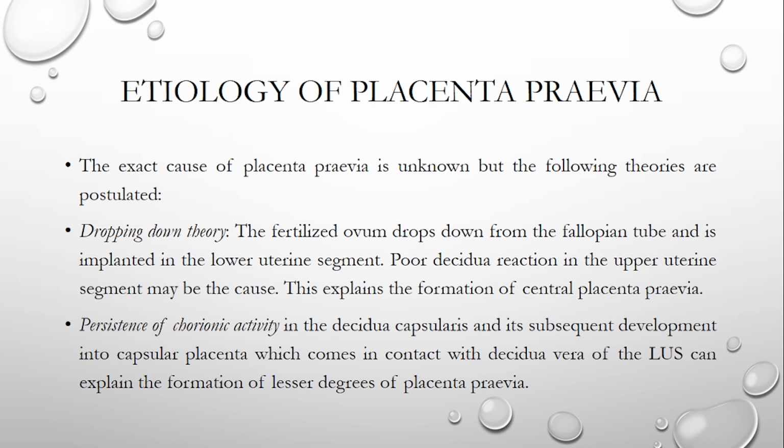As soon as the fertilized ovum is about to enter the uterine cavity, it just drops to the lower uterine segment and gets attached there. That's one theory, and this explains the formation of central placenta previa.